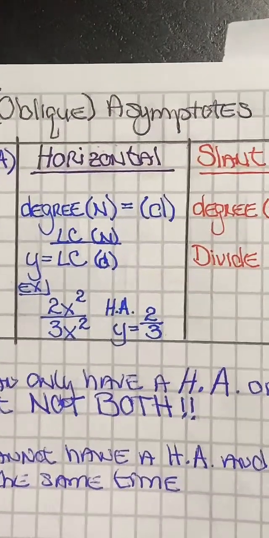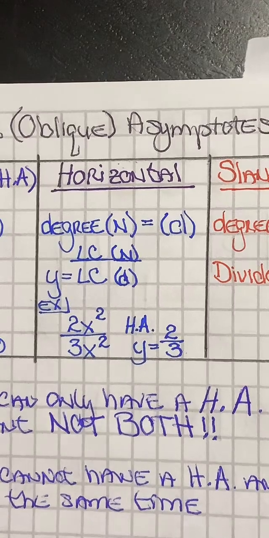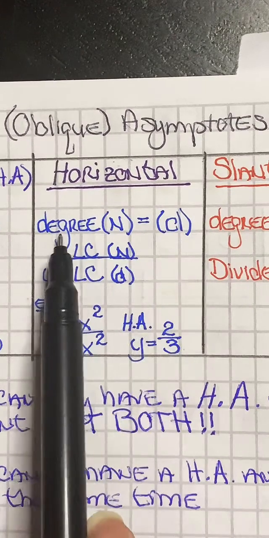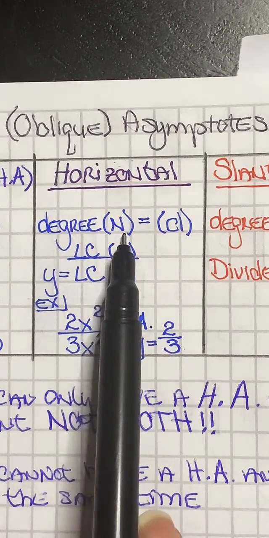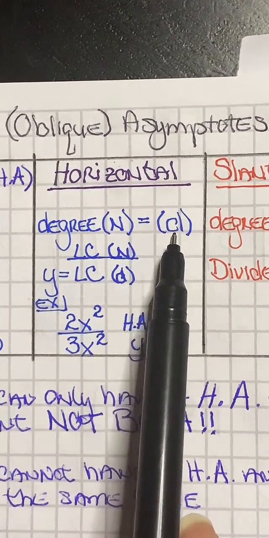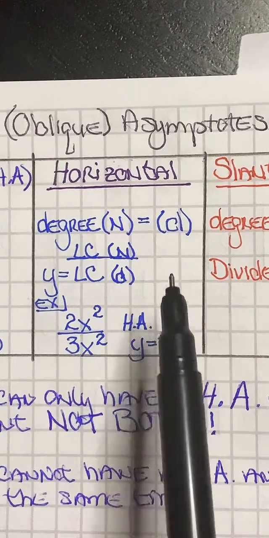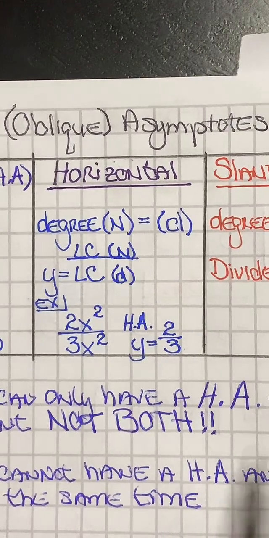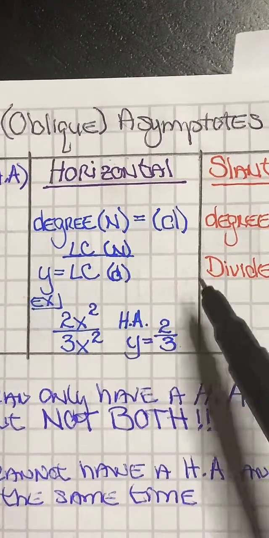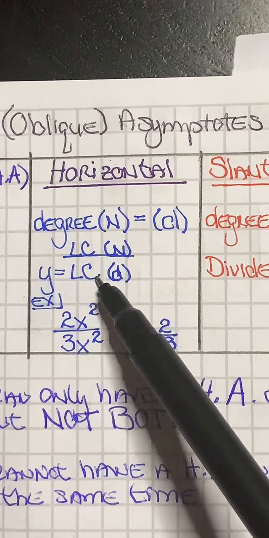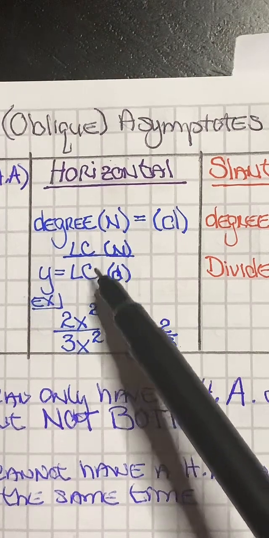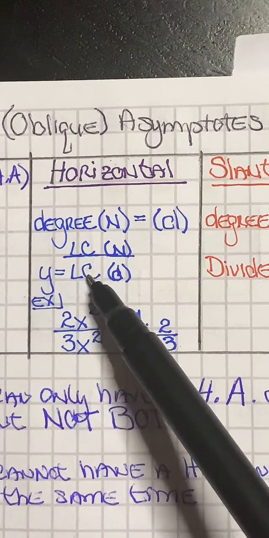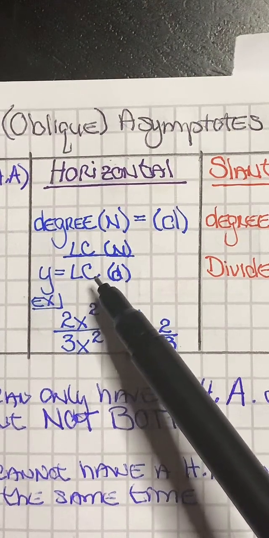All right, so now for the next one, horizontal asymptote when the degree of the numerator equals the degree of the denominator. Someone mentioned it earlier. You're basically taking the leading coefficients of both the numerator and denominator, and that is going to be your horizontal asymptote.